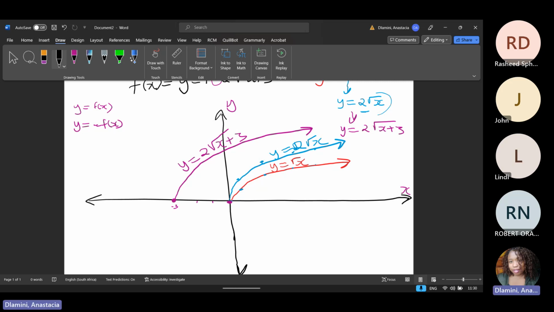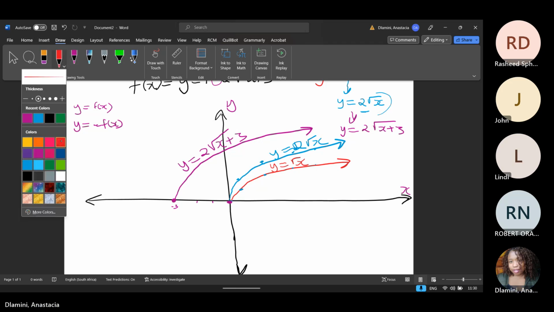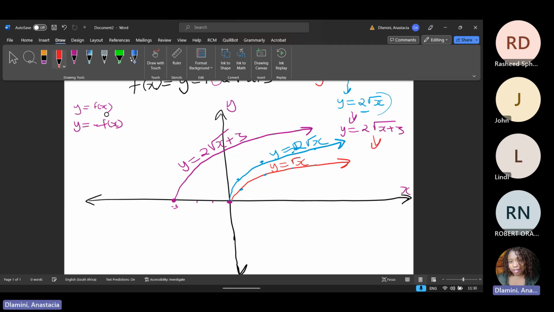So if we take the purple graph, okay, let me use a red color. If we take this purple graph and put a negative next to the 2, this will be y = negative 2 square root of x + 3. It means that we're going to reflect the purple graph in the x-axis.